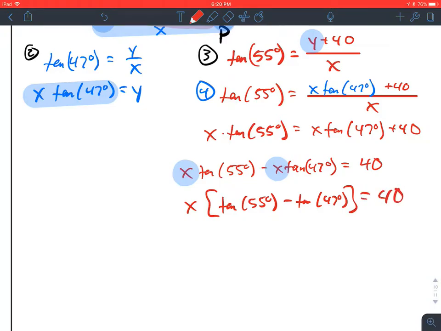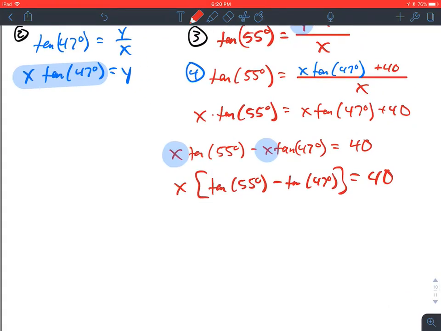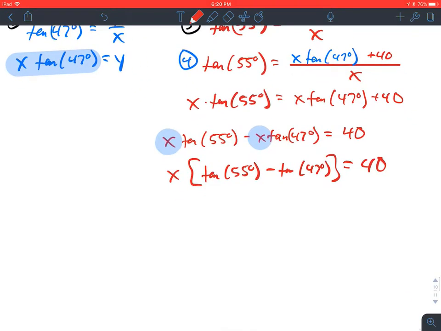The reason that I use brackets is just visually it's easier to see than using double parentheses. Now to get X by itself, it's actually pretty simple. We just divide both sides by that mess in the brackets. We're going to have 40 divided by tangent of 55 degrees minus tangent of 47 degrees.